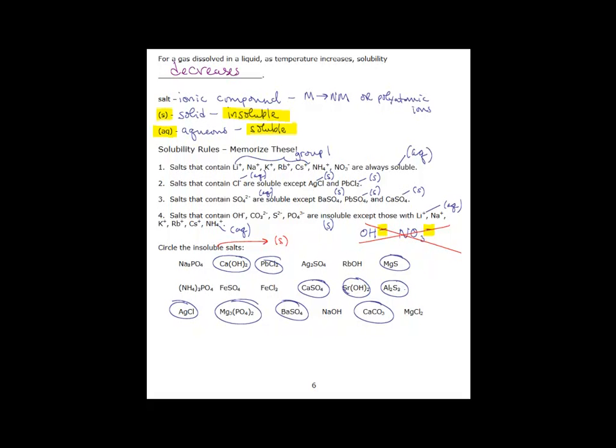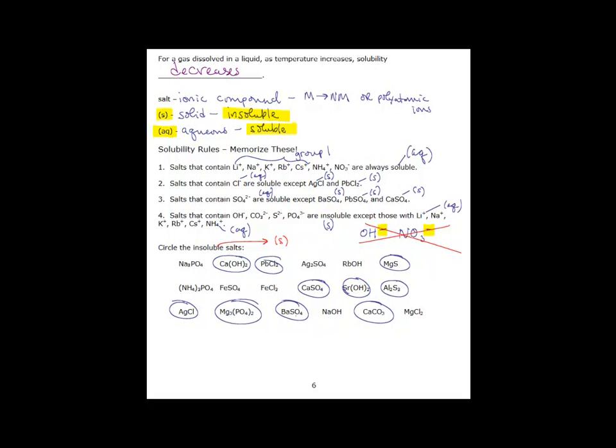The next one, aluminum sulfide, again is rule number 4. So we have sulfide being paired with something other than a group 1 element. Alright, the next row, silver chloride, see rule number 2. Magnesium phosphate, this is rule number 4. Magnesium is not a group 1 cation or ammonium.